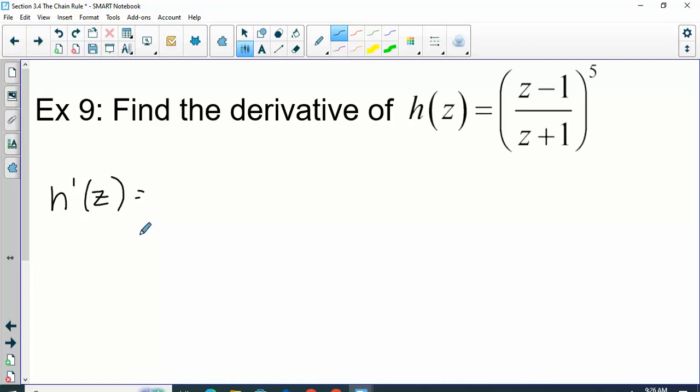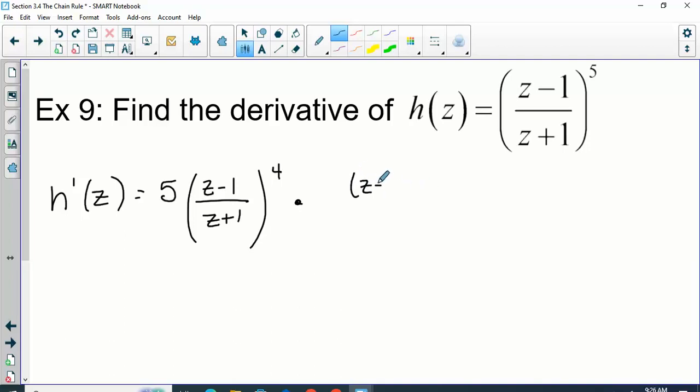What is the outside? The 5th power. So the 5 comes down, inside stays the same. Subtract 1 from the power. Times the derivative of the inside. To do the derivative of the inside, we have to do the quotient rule.